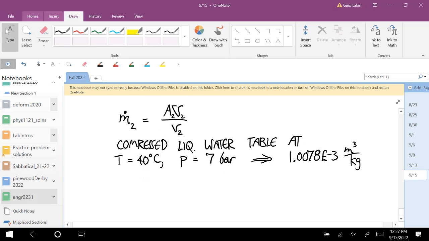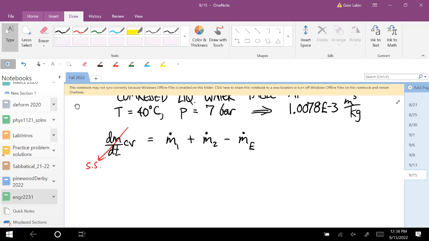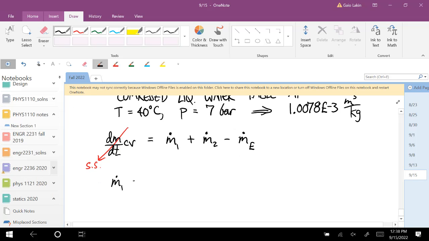So let's go to the, so we have dm/dt for the control volume is equal to m1 dot plus m2 dot minus m exit dot. And it's steady state, so this is 0. And so we can write this as m1 dot plus m2 dot is equal to m exit dot.